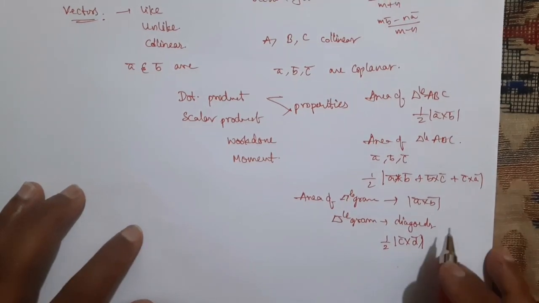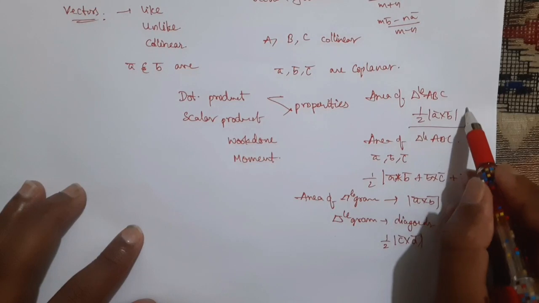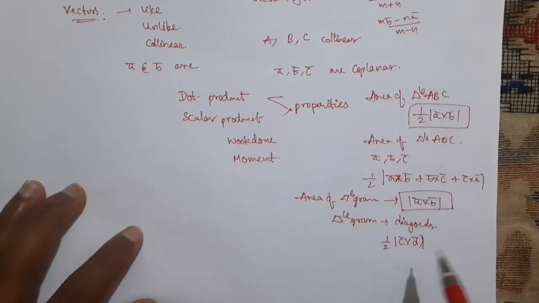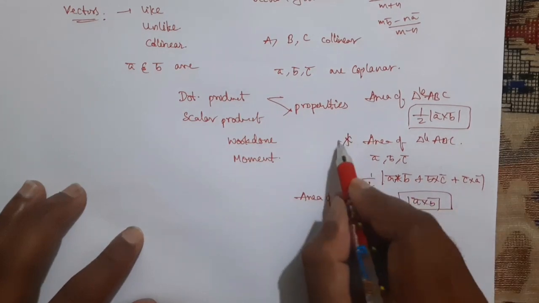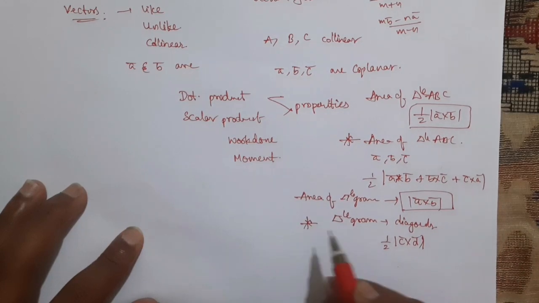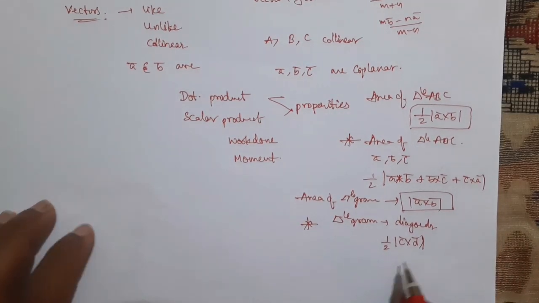As you know, at PU level, you know the area of triangle is half of A bar cross B bar, and the area of parallelogram is A bar cross B bar. But these are two other important formulas. This is the area of triangle when position vectors are given, and this is the area of parallelogram when the diagonals are given.